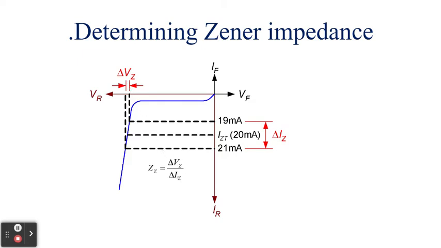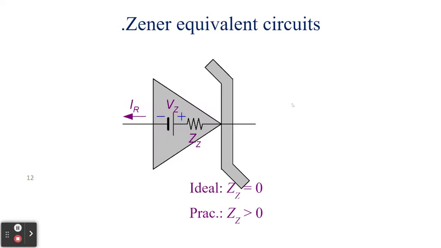Now, if you divide the two, delta VZ divided by delta IZ, we will get the answer for the Zener impedance ZZ. Again, the Zener impedance is inside our Zener diode, and it has its internal impedance and internal VZ. An ideal Zener diode has a ZZ impedance of 0, while a practical Zener diode has a ZZ greater than 0, a positive number. The IR here is the reverse current.